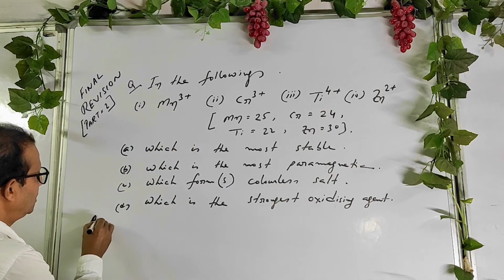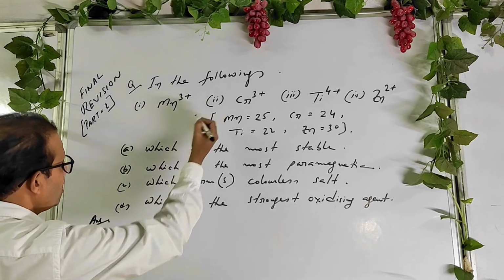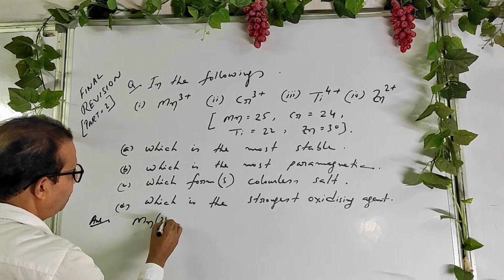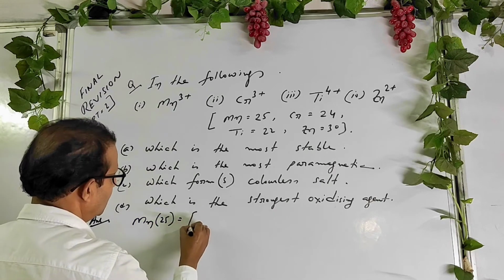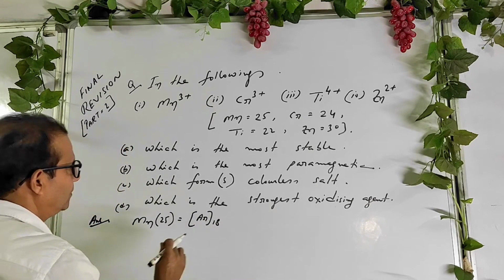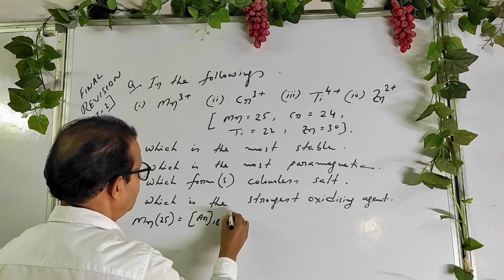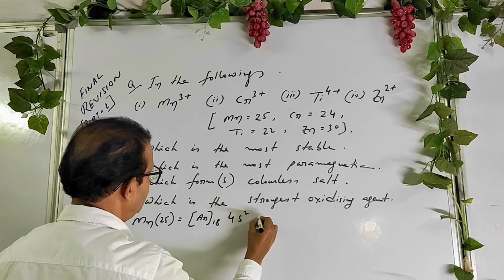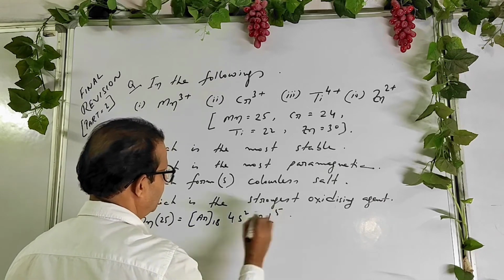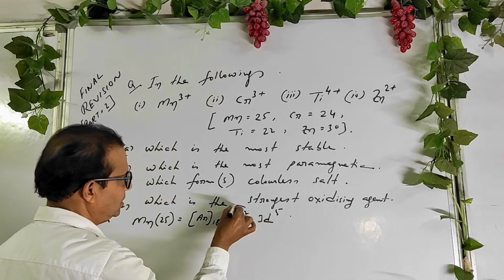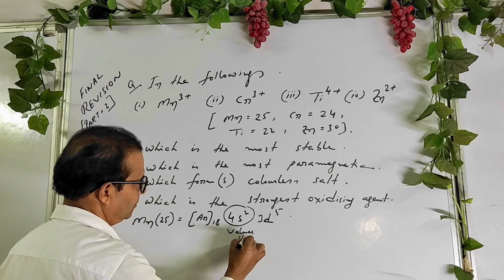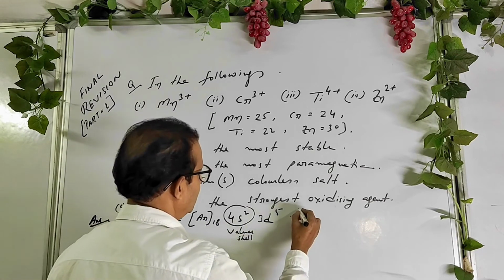So see the answer. Mn, atomic number 25: argon 18, 4s2 3d5. So listen, this is the valence shell.